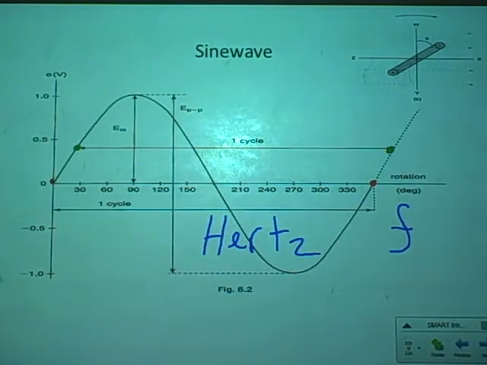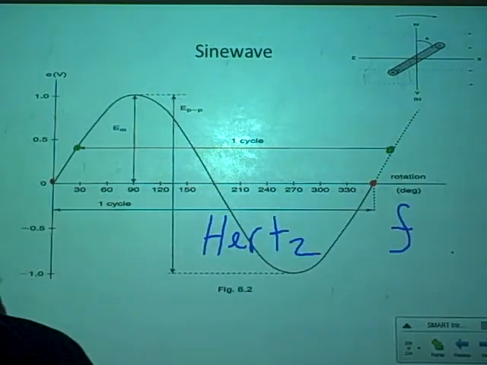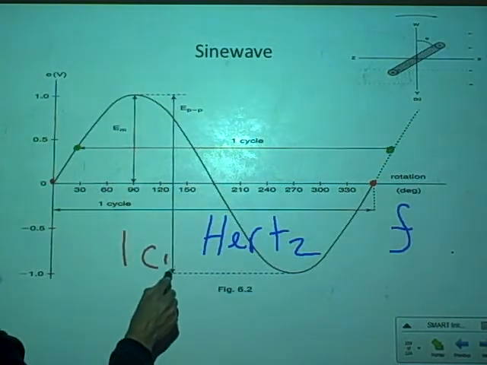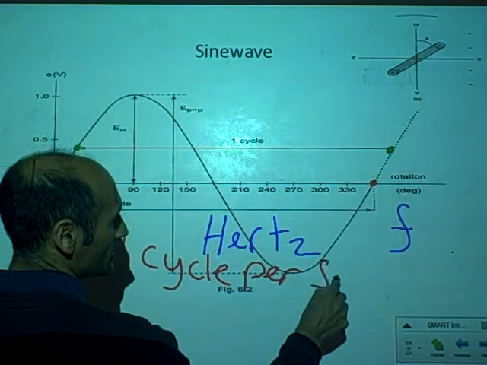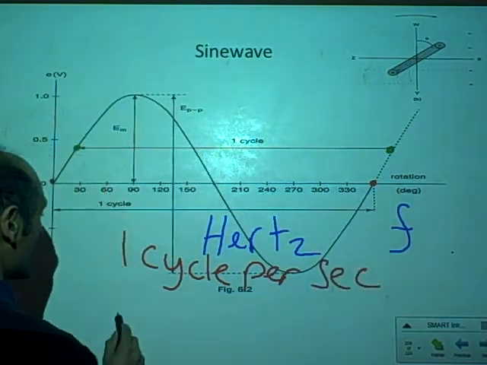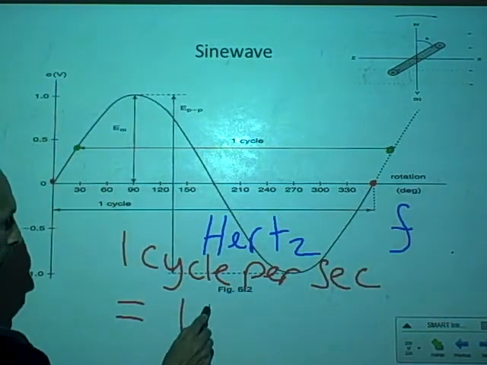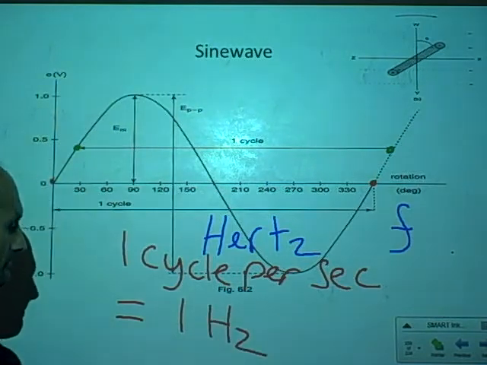You should also be aware that 1 cycle per second is equal to 1 hertz. We'll make a note of that on the board very quickly. 1 cycle per second is equal to 1 hertz.